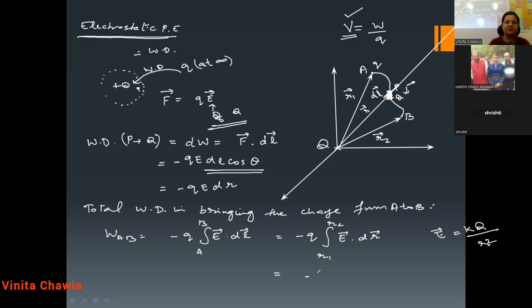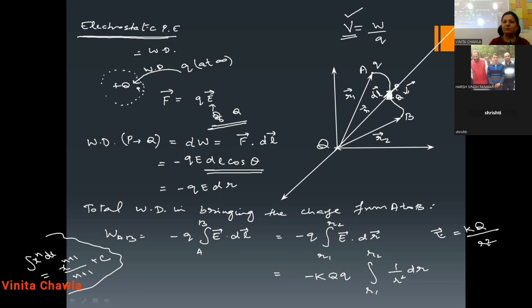So it is minus KQQ, R1 to R2, 1 by R square dr. Okay, so we'll use the formula integral of x^n dx. What is the formula? It's x^(n+1) upon n+1 plus C. C is the constant of integration. But here we have limits, so we will not write C.